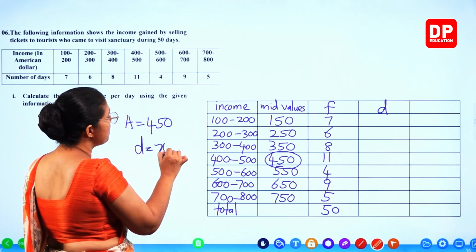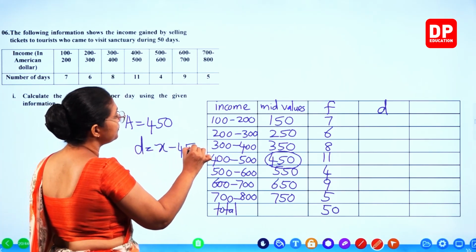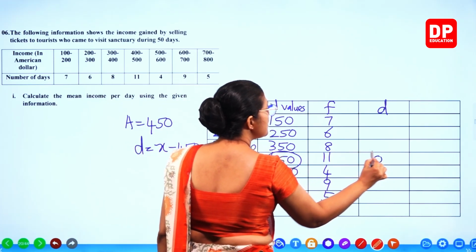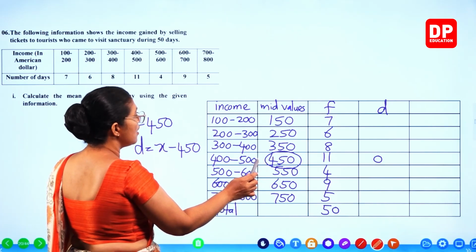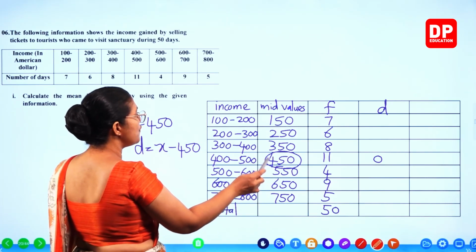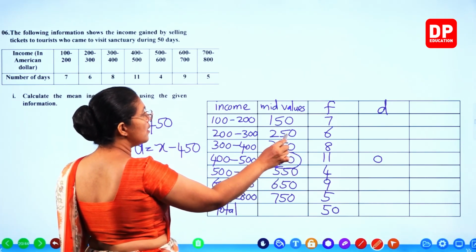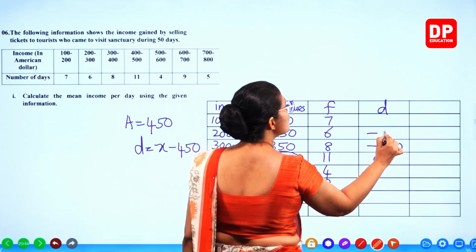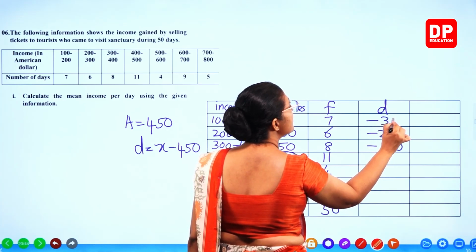Then what's the deviation? X minus 450. So we can calculate the deviation. So this becomes 0. 450 minus 450. Then when you subtract all the mid values, you get this is minus 100, minus 200, minus 300.